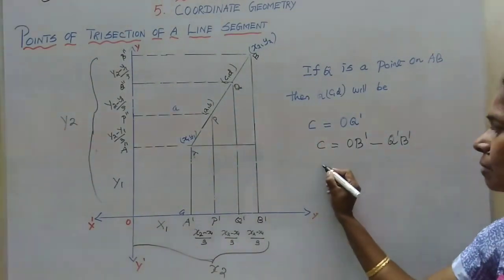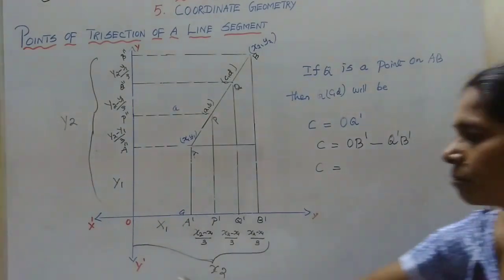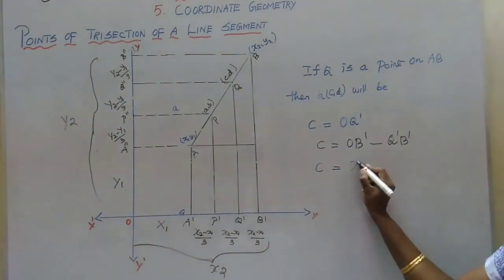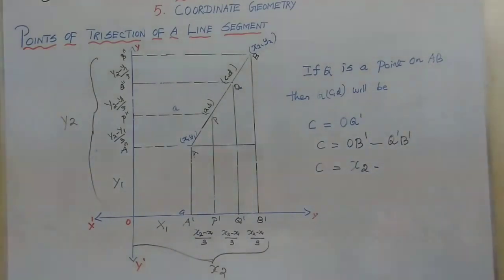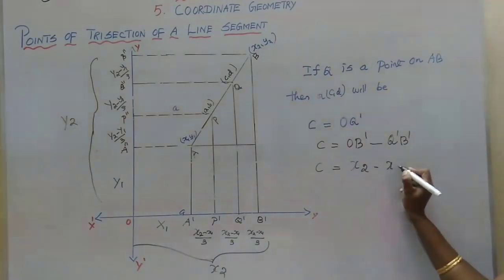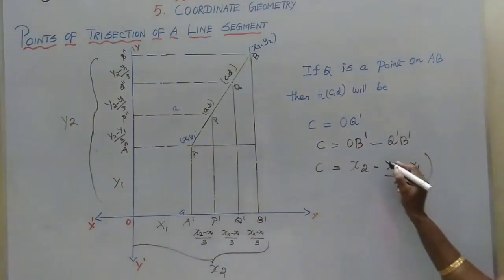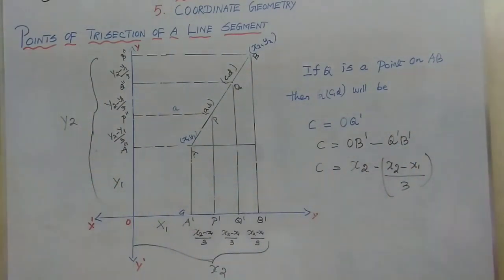Now small c equal to OB dash, what did I say? OB dash is full length, that is x2. So x2 minus, what is Q dash B dash length? Yes, very good. Q dash B dash we have now written: x2 minus x1 by 3. Understand? If you understand the simplification, the formula is very easy.